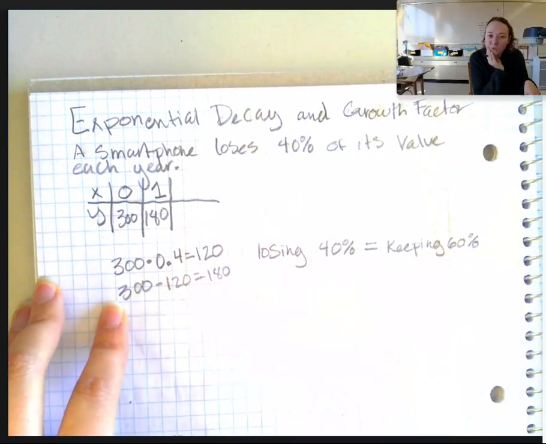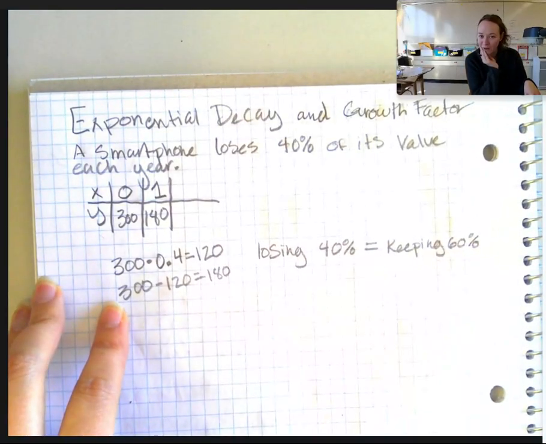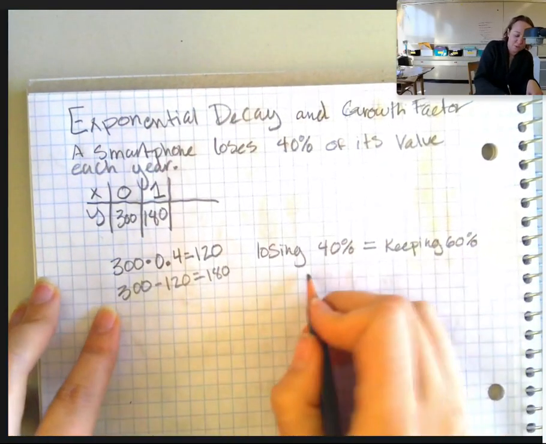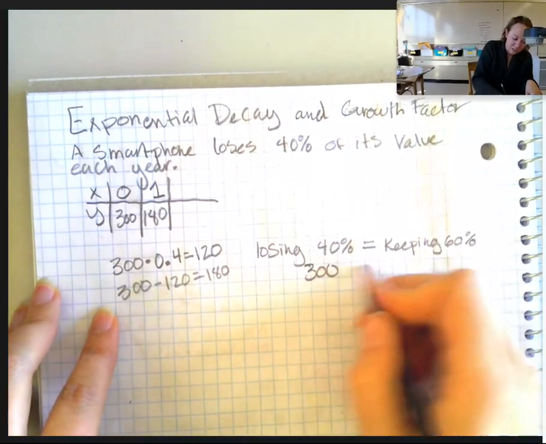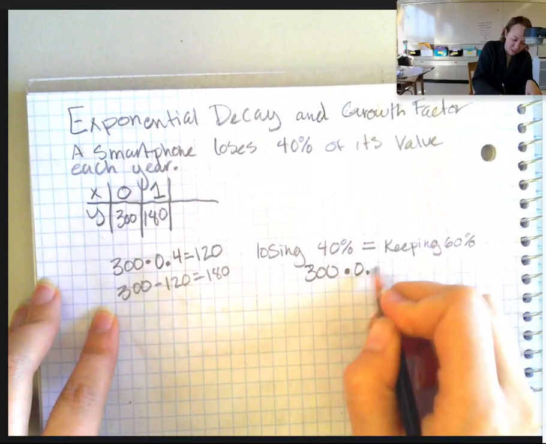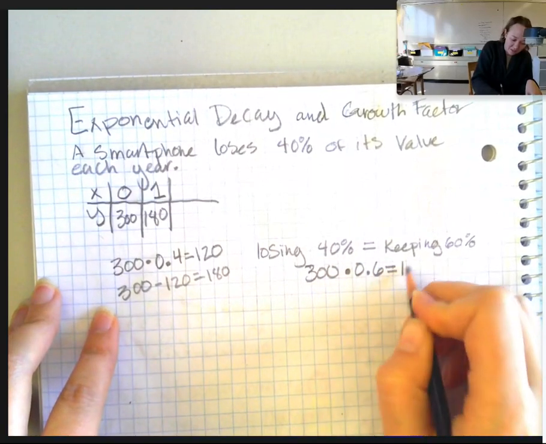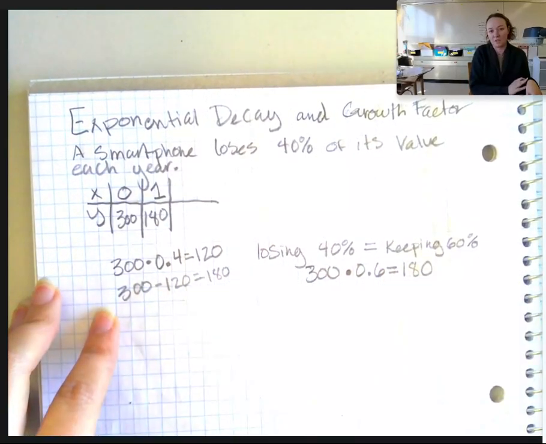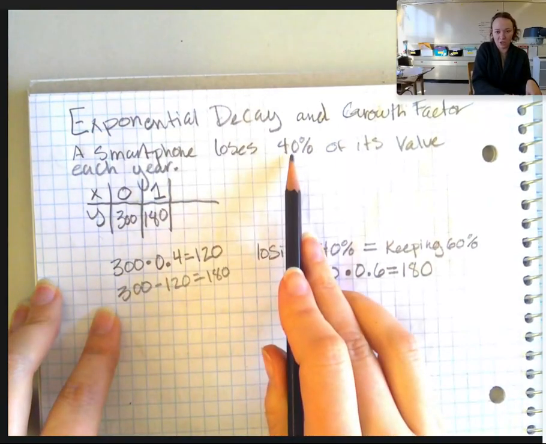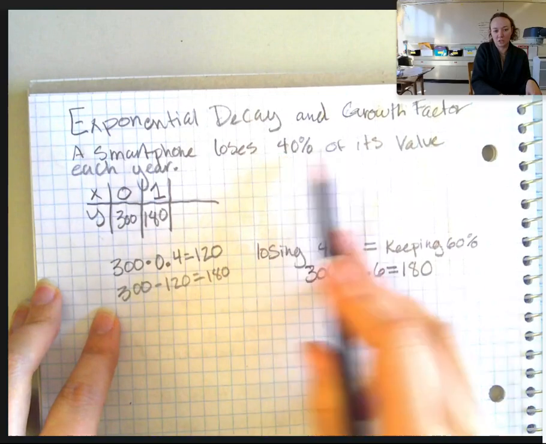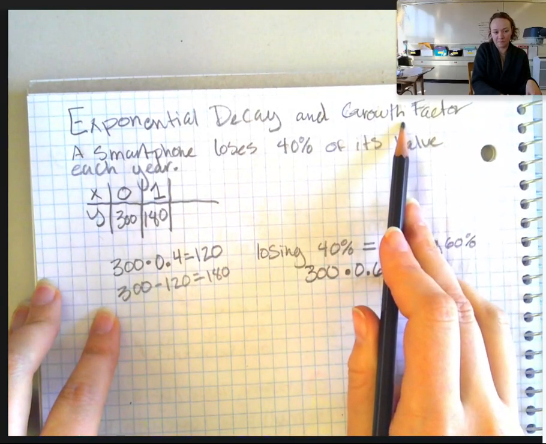And if we multiply by what we want to keep, that'll get us straight to the answer. So 300 times 0.6 gives us exactly 180. So this is how we take a percent change and we turn it into a growth factor.